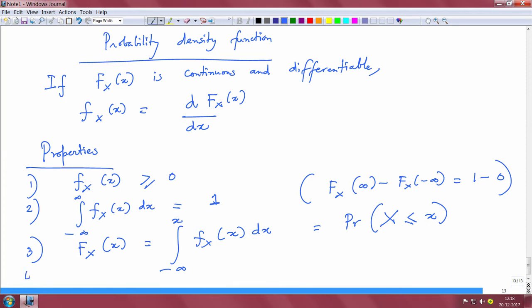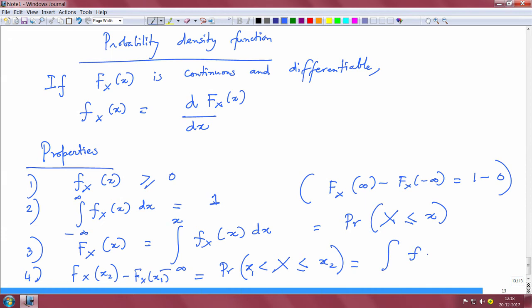Now, if you want to compute the difference in the probability distribution functions evaluated at 2 points x1 and x2, which gives you the probability that the random variable X is between x1 and x2, that can be obtained by integrating the probability density function between limits x1 and x2.